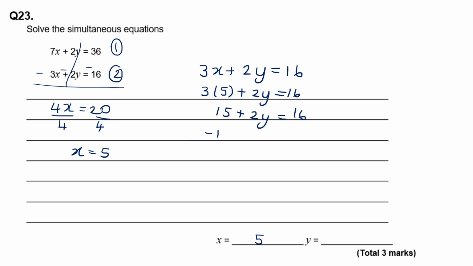We will take 15 away from both sides, which is going to give us 2y as 1. We'll then need to divide it by 2 to find out what y is, and y is going to be half, or you can write down 0.5. It's up to you.